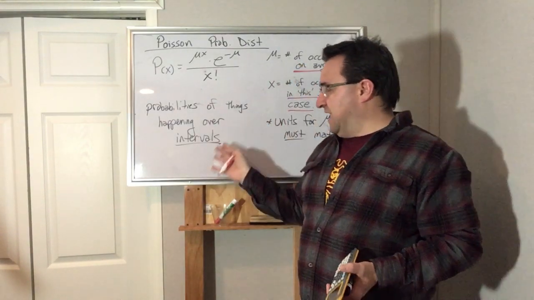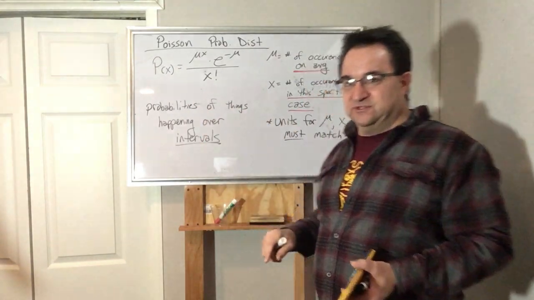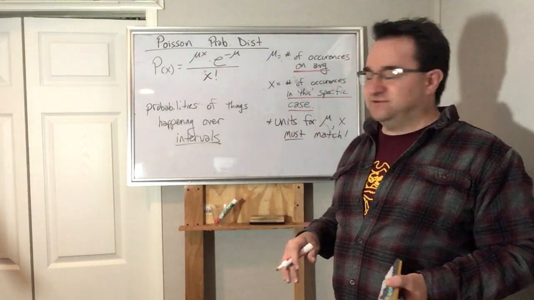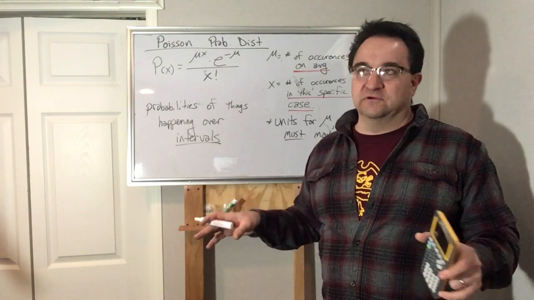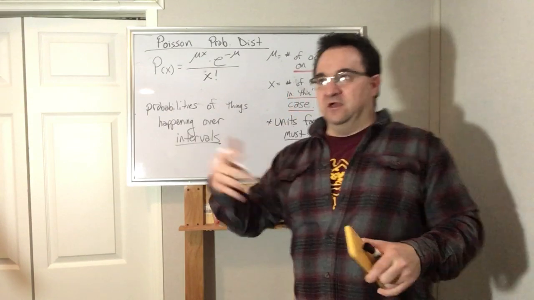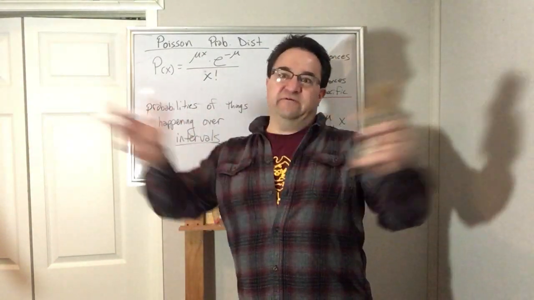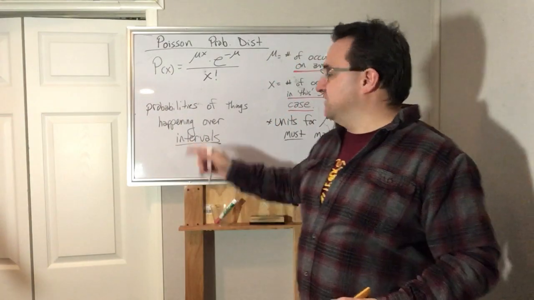Now the intervals don't have to be time, but we're going to do time because I think it appeals to us intuitively. If you take another stats class, the intervals could be volume intervals or area intervals, could be any interval. Intervals are a span. A time interval would be like 2 hours or 7 hours. How many times did something happen in 7 hours? That is a time interval.